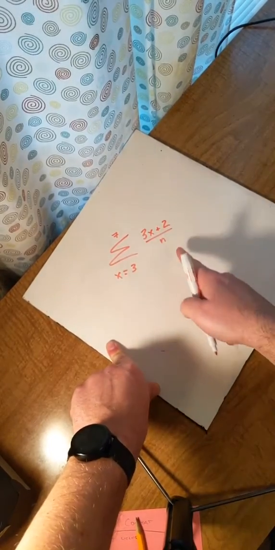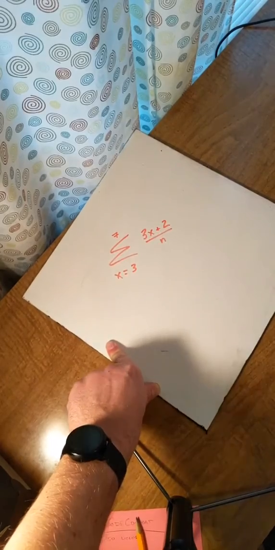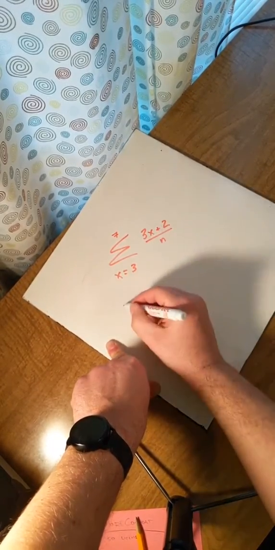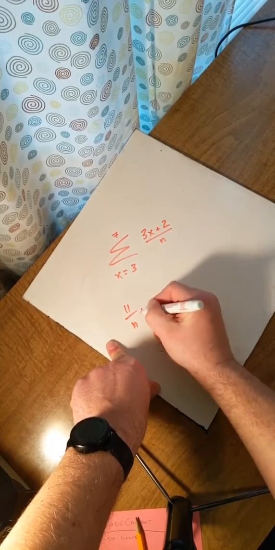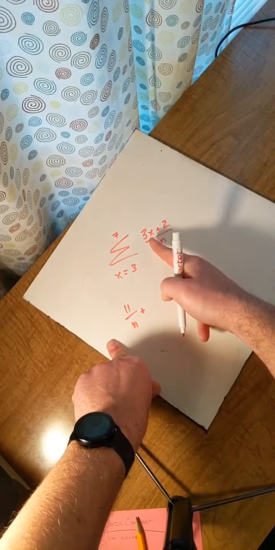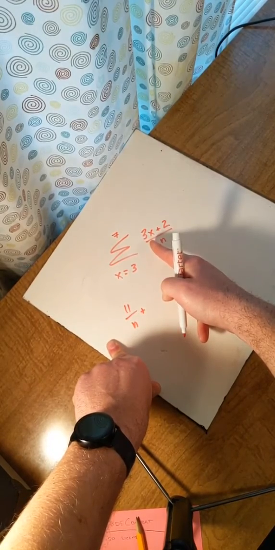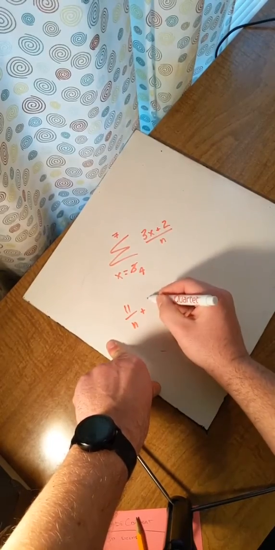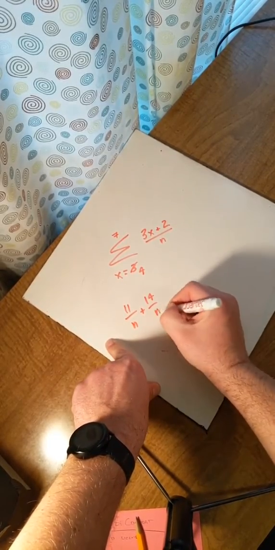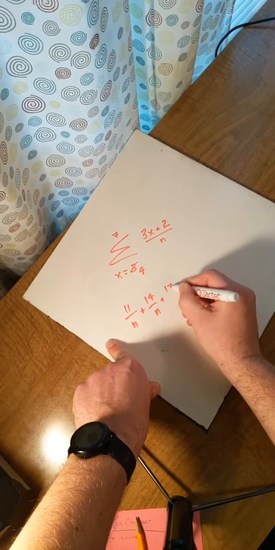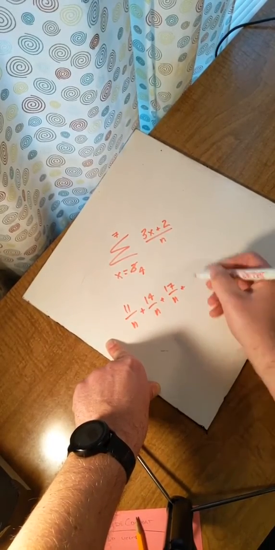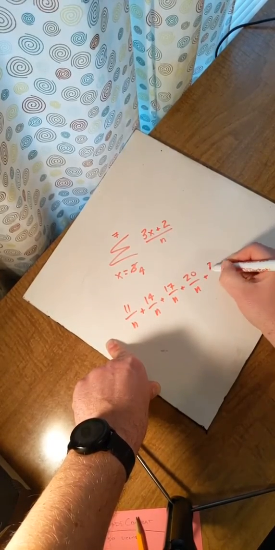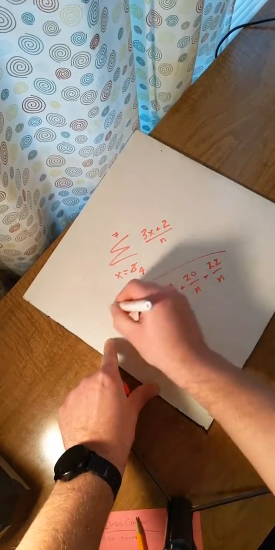All that means is we're just going to leave that n alone. So if I plug 3 in, 3 times 3 is 9 plus 2, so that'd be 11 over n, plus plug in the next number, 4. That'd be 12 plus 2, so that'd be 14. Keep it going. The next number would be 17 for 5. For 6, it'd be 20. And for 7, 23. And that's just the answer.